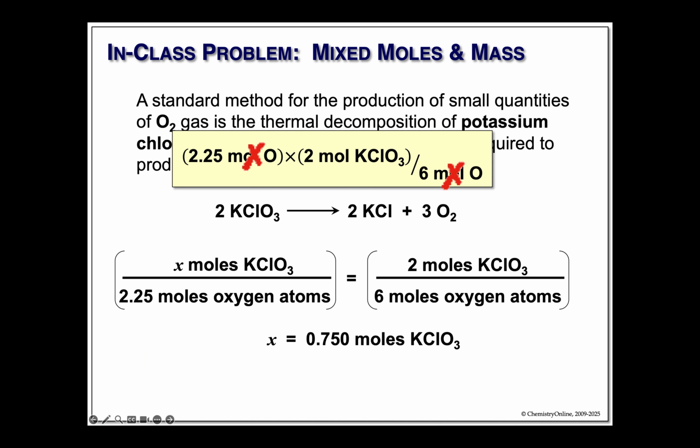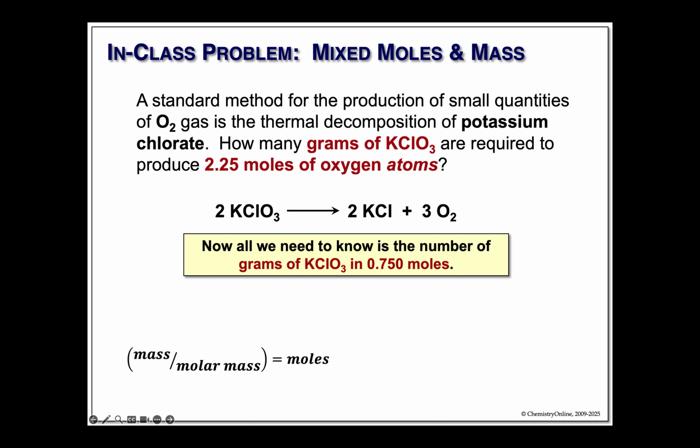From the last exam, we all remember closely how to convert moles into grams. We can do that because we know mass over molar mass is moles, and therefore, since we're looking for mass, it's simply molar mass times moles. So we'll take our moles, that's 0.75.